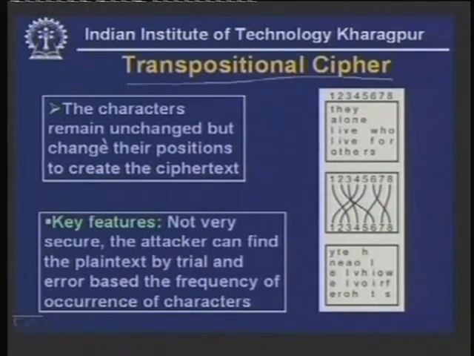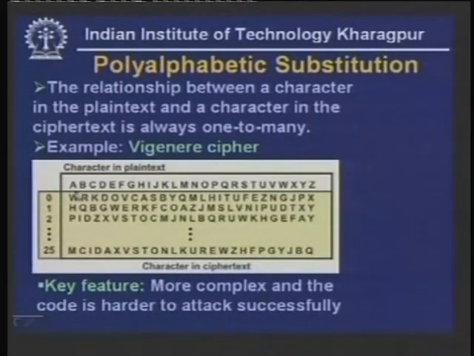In this case the characters remain unchanged, but change their position to create the ciphertext. In the previous case we have seen that if the text was, let us assume, SITA, the characters are replaced by some other characters in either polyalphabetic or monoalphabetic substitution.